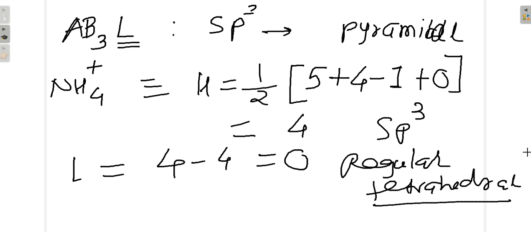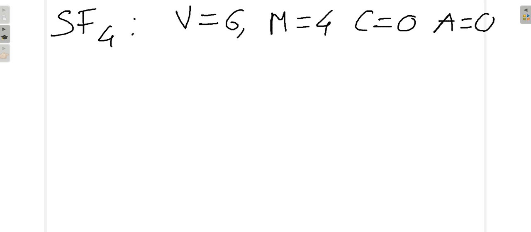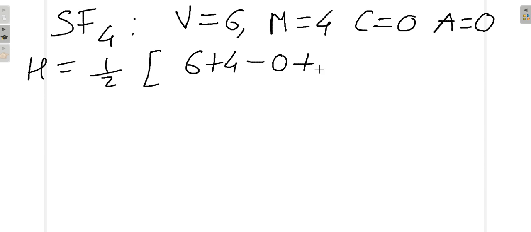Now let us consider sulfur tetrafluoride, which is SF4. In this case, the number of electrons in the valence shell is 6, the number of monovalent atoms is 4, the charge on the cation is 0, and the charge on the anion is also 0. So the index of hybridization will be half of V plus M minus C plus A, and that is 5.